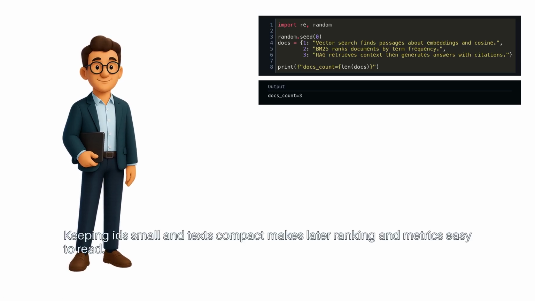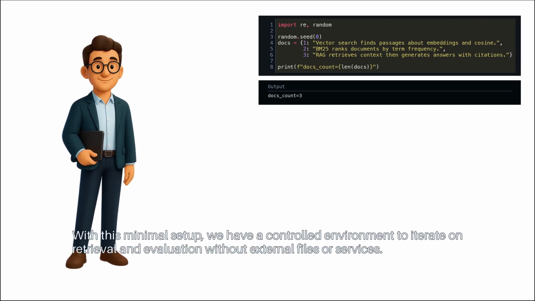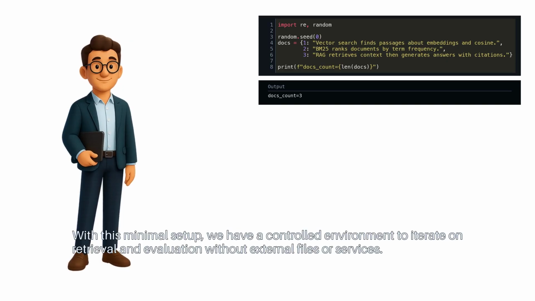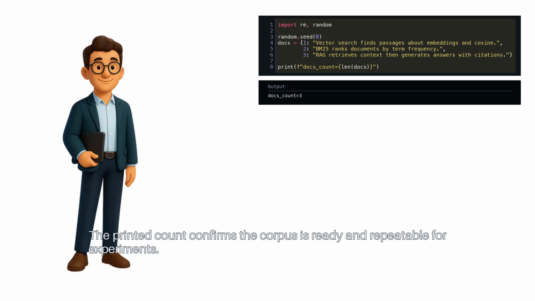Keeping IDs small and texts compact makes later ranking and metrics easy to read. With this minimal setup, we have a controlled environment to iterate on retrieval and evaluation without external files or services. The printed count confirms the corpus is ready and repeatable for experiments.